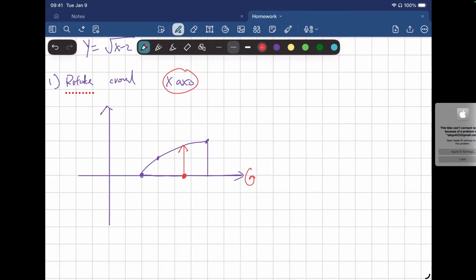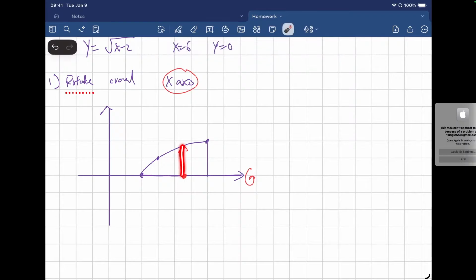Because I want it between 2 and 6, because that's the part that's rotating. I can draw it here if I wanted to, it doesn't matter, as long as it's anywhere between here and here.